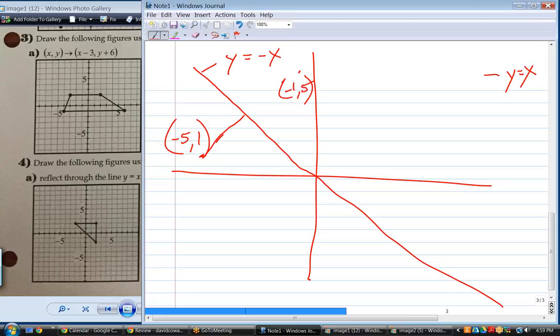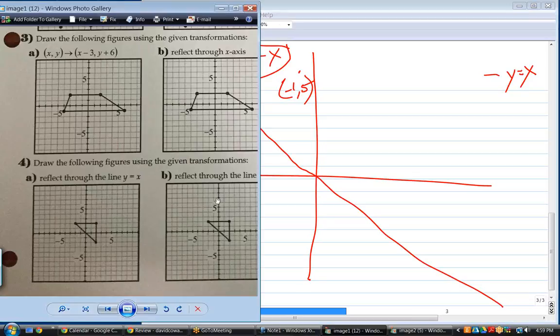What's the rule? You switch your x's and y's and change the sign. Exactly. When I'm reflecting over y equal x, all I do is switch my x's and y's. But when I reflect over y equal negative x, it's pretty easy to remember that not only do I switch my x's and y's, but I switch their signs also.